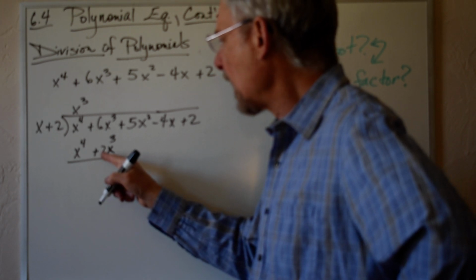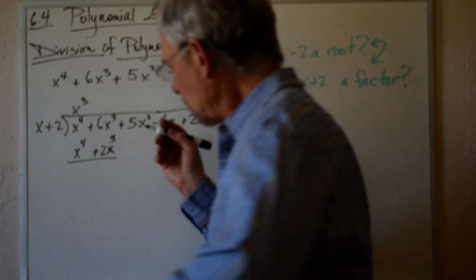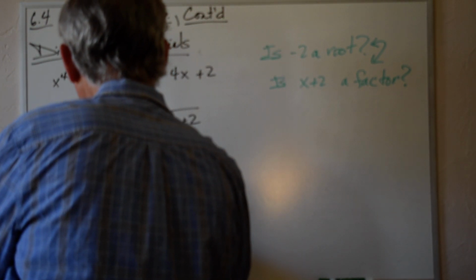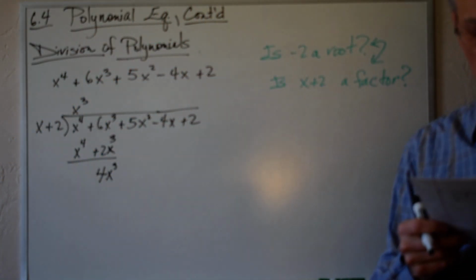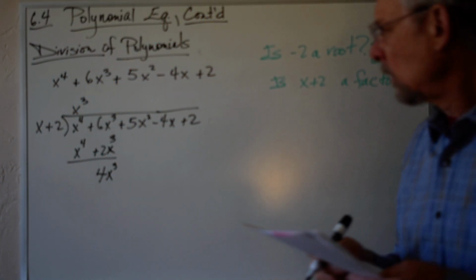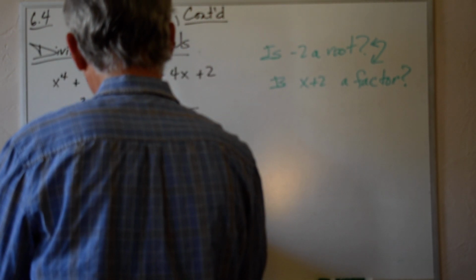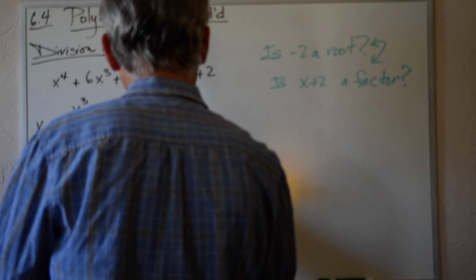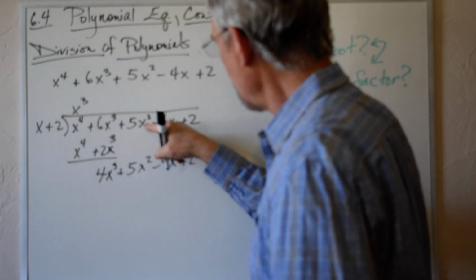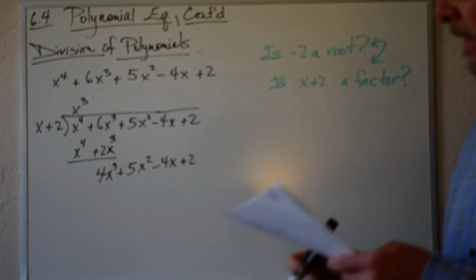However, when I subtract 2x cubed from 6x cubed, I don't get 0. I get 4 times x cubed. All right, and of course I have the rest of this polynomial here. I bring down these terms. Let me fix my x.